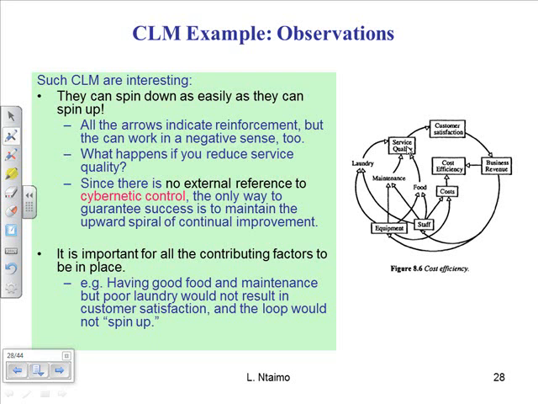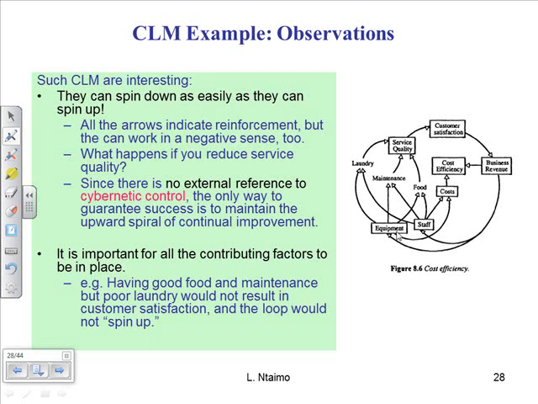right? So the causal loop model is basically suggesting that to have a high level of service quality, it means you have to have continuous improvement, and you have to make sure that all these factors that you listed are actually taken into account. Also, you have to put money back into the business in order to do that.